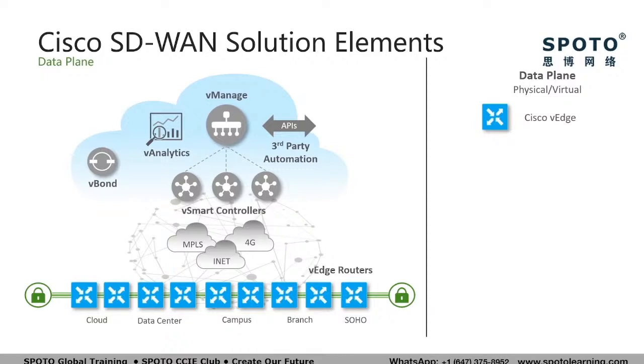For Layer 2 redundant services, vEdge routers implement VRRP first hop redundancy protocol, which can operate on a per VLAN basis.